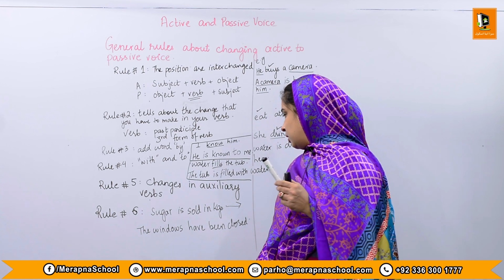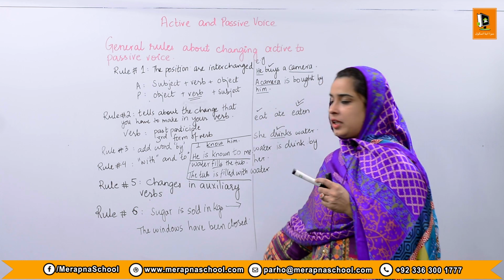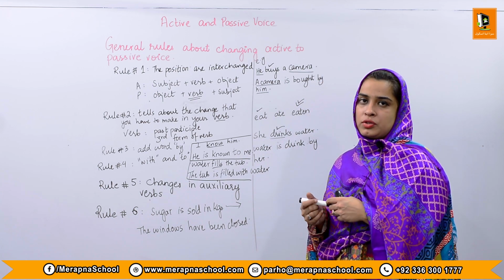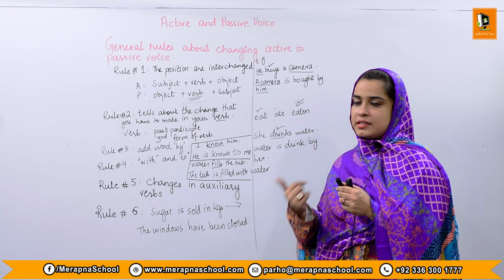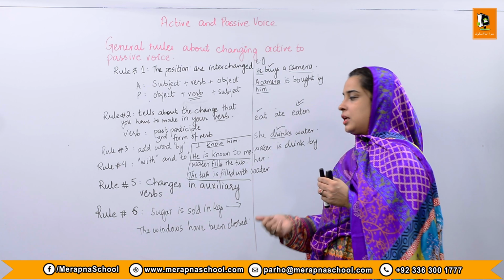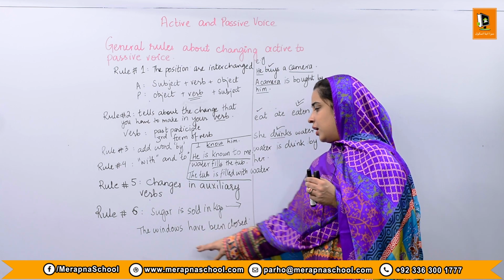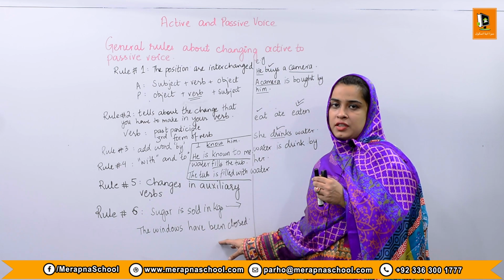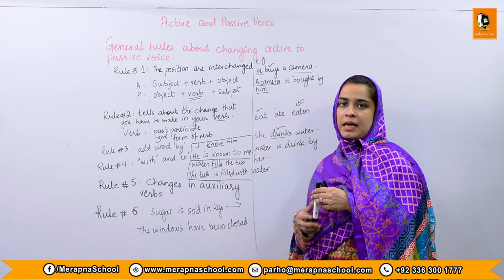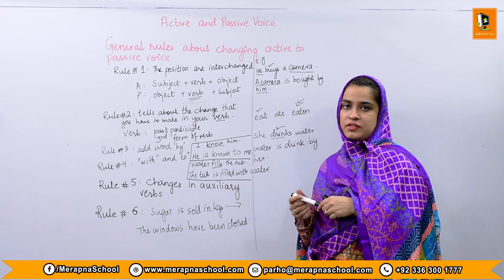The windows have been closed. Over here you will see that nothing is mentioned. Your subject is actually not there. So this is of no importance to us. The thing that was important is the action, that the windows have been closed. So the whole idea has been delivered in passive sentences like these. Sometimes you don't need a subject in the passive sentences.